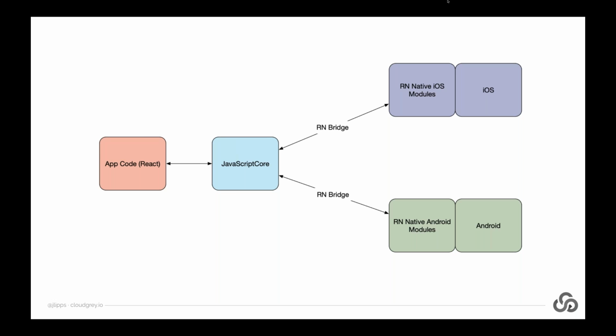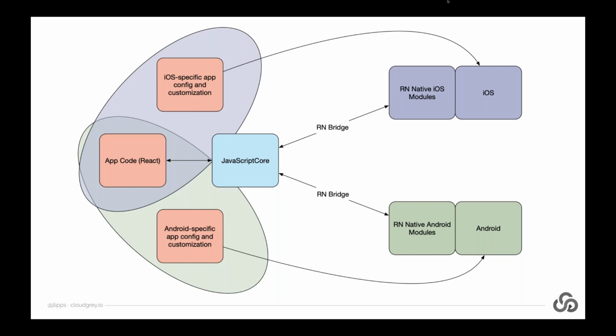In reality, it's a little more complex because there's often platform-specific configuration or customization that needs to happen to make your app work exactly the way you want it to on each of the two platforms. And that platform-specific configuration needs to be maintained in a platform-specific way. So, for iOS, we have our Info.plist file, which has a bunch of information about our iOS application, or for Android, we have our AndroidManifest.xml, which we might have to maintain little bits of information in.